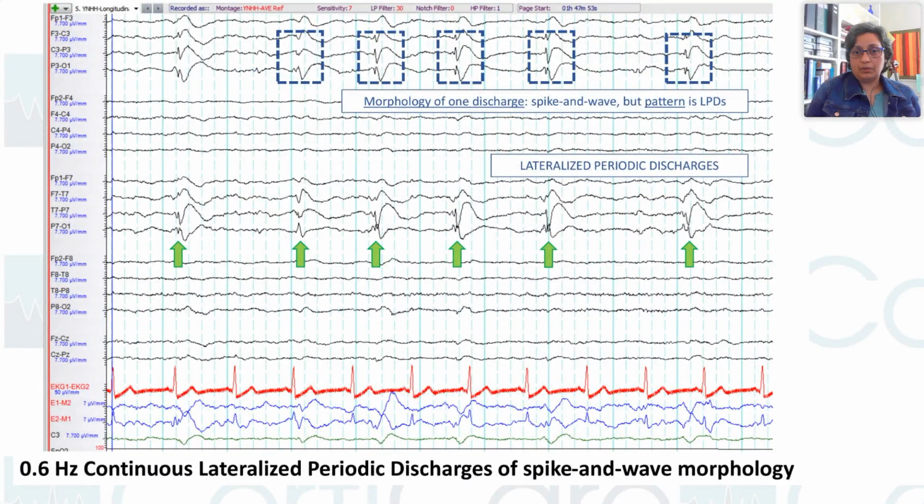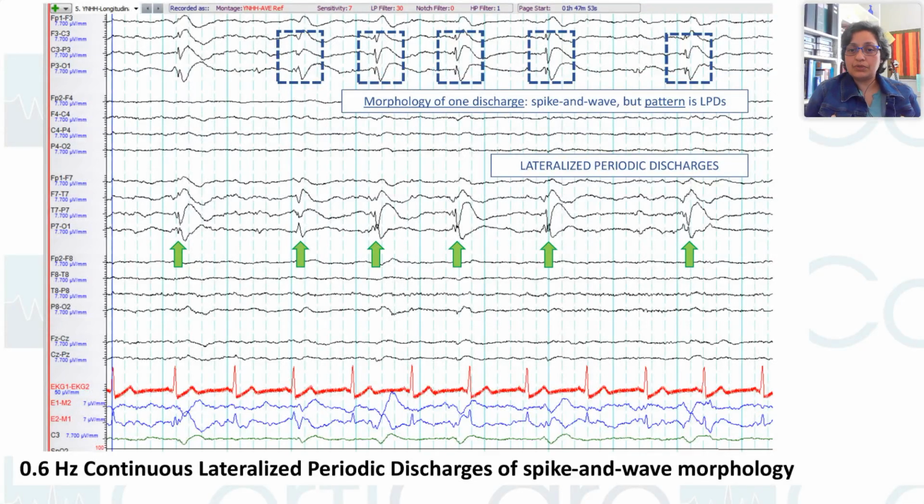So here is an explanation given in the ACNS training module. Here they're saying the morphology is spike and wave, but these are not just spike and wave complexes. These patterns are appearing periodically. So these are lateralized periodic discharges of spike and wave morphology.